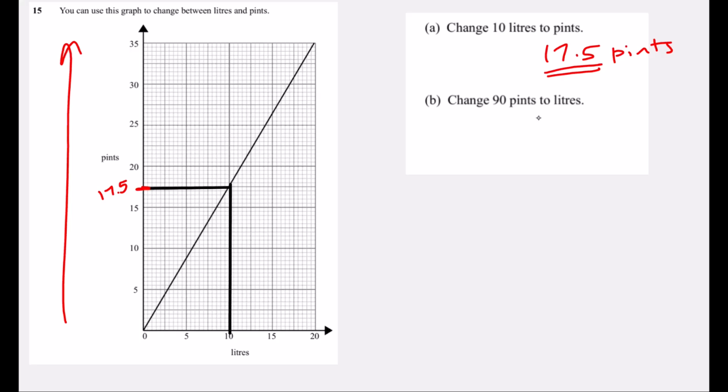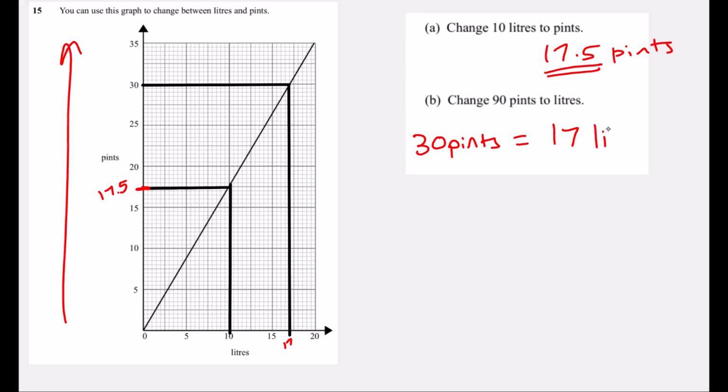The easiest way is probably to get 30 and then times it by 3. So 30 pints is how many litres? So along to the line, down, and that is, it goes 15, 2 boxes along for 16, another 2 along, 17.